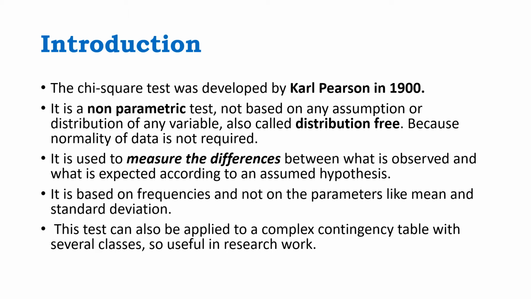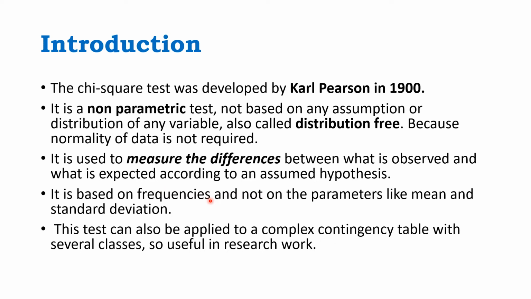As you know very well, in parametric statistics we need mean and standard deviation, but in non-parametric tests we need categorical variables. So to run chi-square we need data in terms of frequencies.